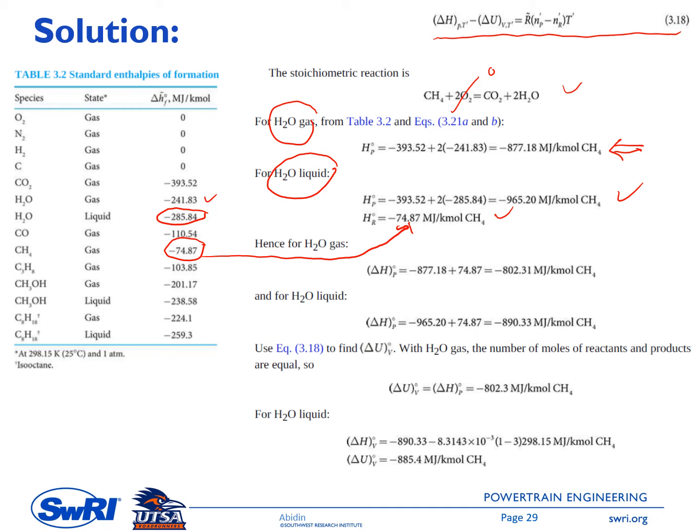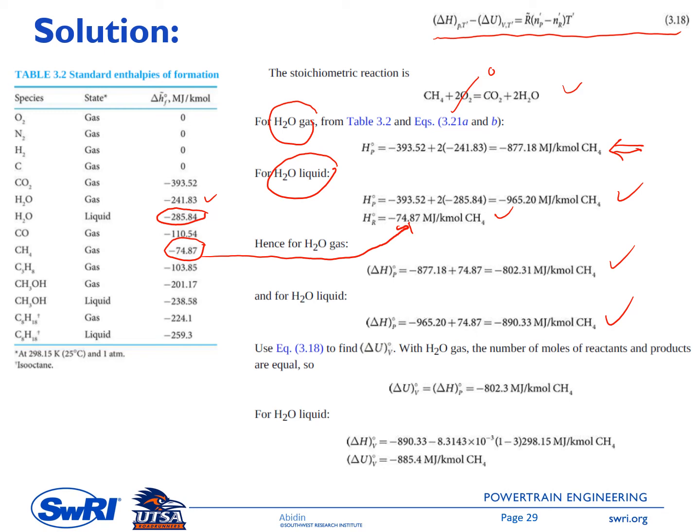So the enthalpy increase for H2O in gaseous phase is this one, and for H2O in liquid phase we have this one. The next step is to calculate the internal energy increase. We can use the correlation of ideal gas.